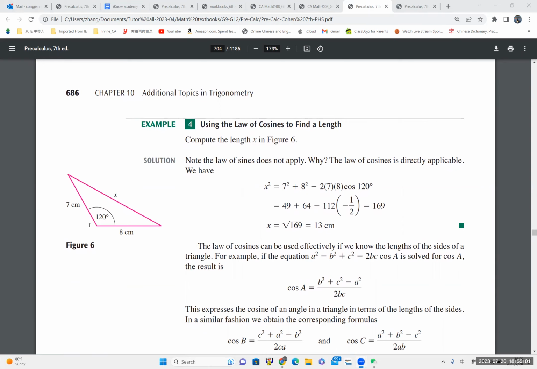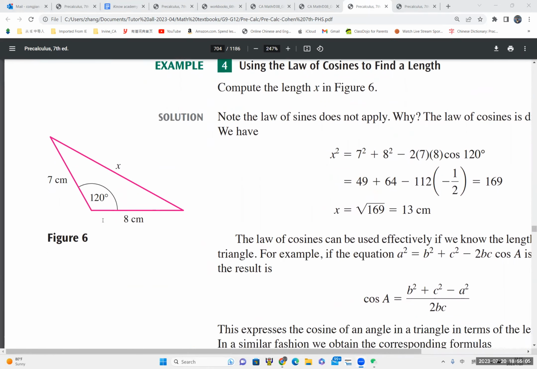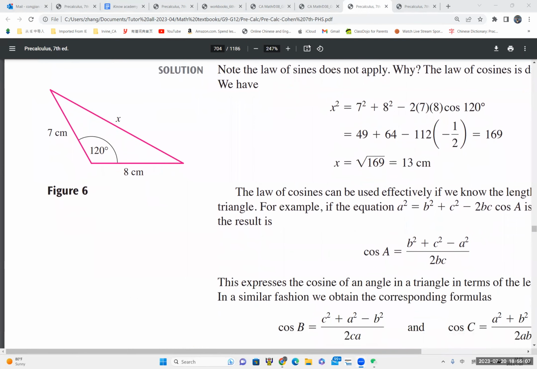Normally, if we just know one angle, I mean this, we know one angle but we don't know its opposite side, then you cannot use the law of sine, right? Then you need to think about the law of cosine.